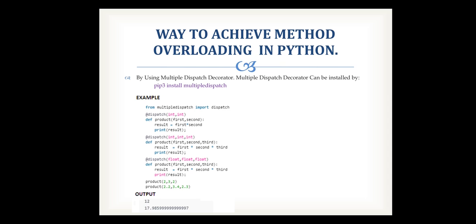Afterward we specify the method product with the parameters first and second.